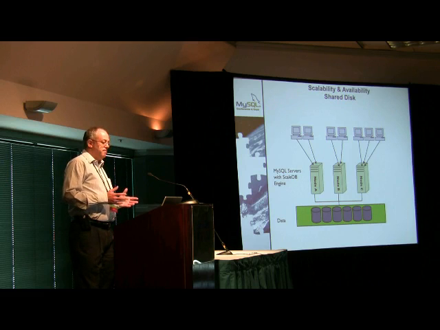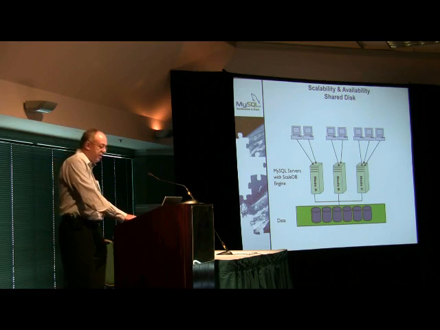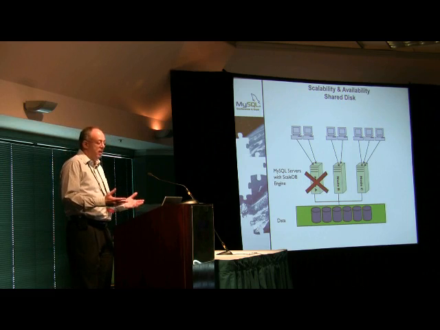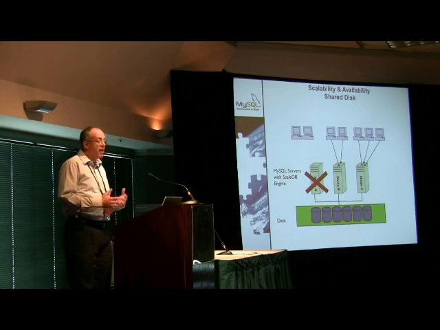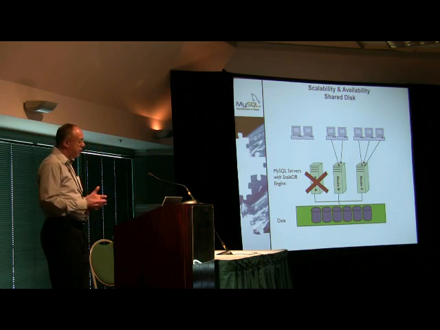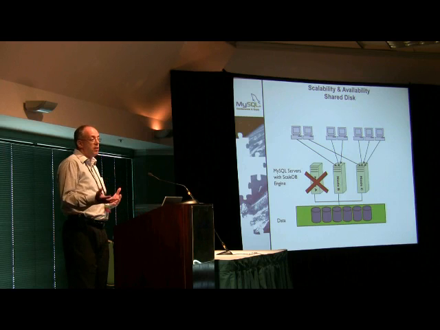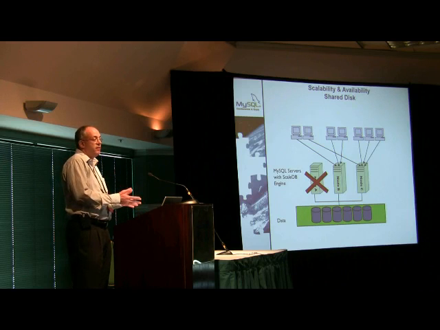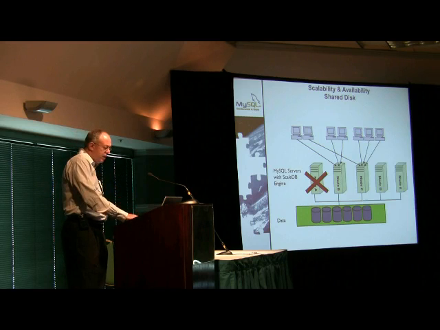With the shared disk approach, those problems are eliminated. And the reason is that if one of the nodes fails, then nothing happens. All the other nodes can satisfy all the queries, and all I need to do is redirect the calls from the server that failed to the surviving servers.